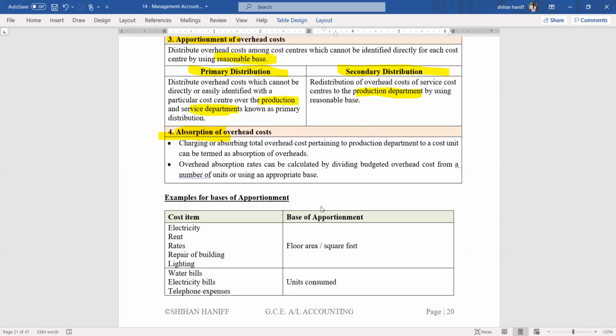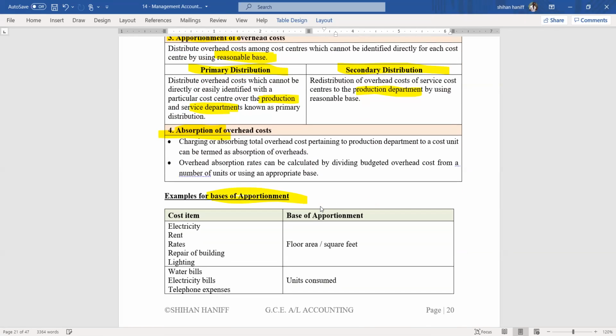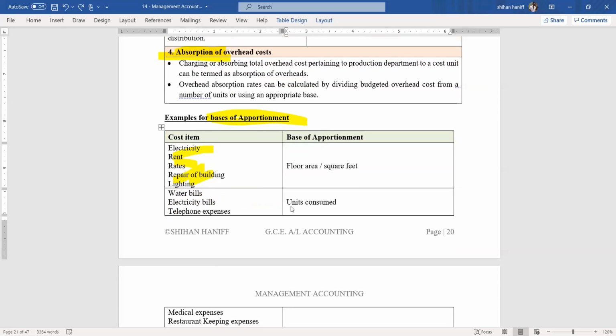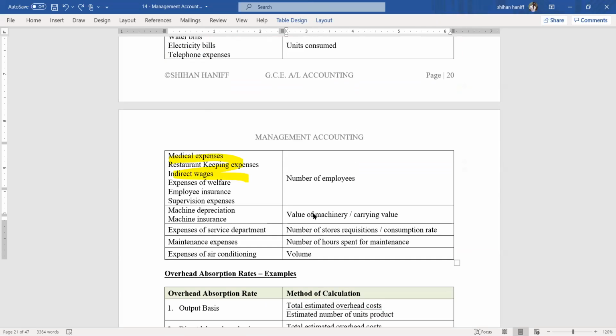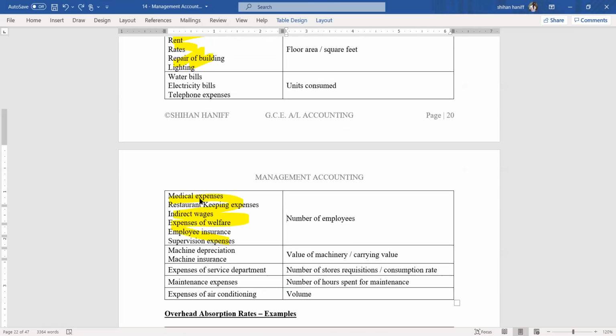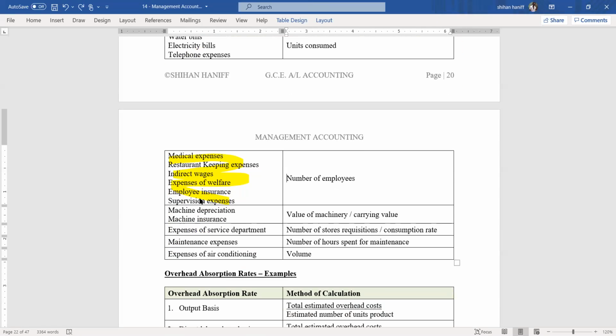Right? So these are the bases for apportionment. Electricity, rent and all, you can take the base as floor area. Right? Water bill and all, you can take units consumed. Expenses like medical expense, indirect wages, welfare, employee related expenses, you can apportion using the number of employees.